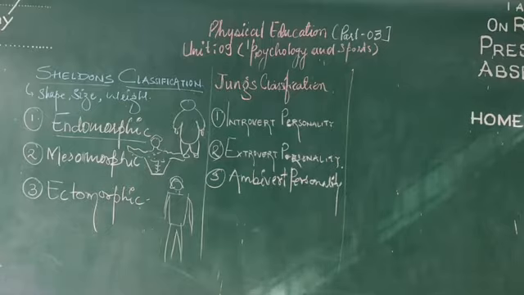Jung's classification is given by Carl Jung, C-A-R-L J-U-N-G. If we talk about the introvert personality, it is described as a person who shares characteristics such as shyness, social withdrawal, tendency to talk less.